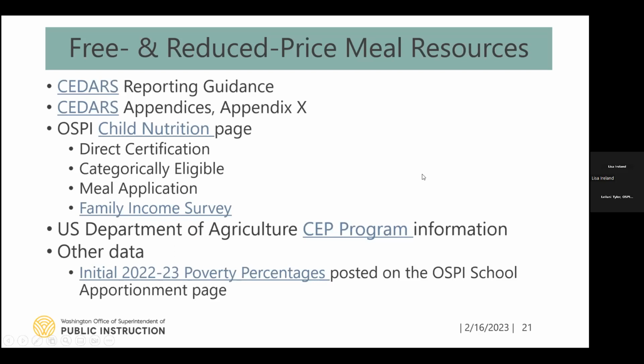It'll say CEP Provision 2 page, but please remember, we talked about Family Income Survey needing to be used by those CEP and Provision 2 schools to determine eligibility for kids that aren't direct certified or categorically eligible, because it's not appropriate to give them the meal application. Family Income Survey is a smaller document that needs to be completed.